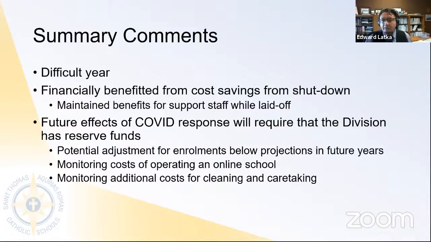The other thing, with regards to a pandemic response, is that we have to continually monitor this year our cost of operating both our online school and of ensuring that our schools are safe environments through our cleaning and caretaking as part of that pandemic response. So COVID is an ongoing process and pandemic that I think everybody appreciates. It's just that when we're looking at some things, it may affect us not only for this year, next year. In terms of our enrollment projections, it'd be up to 3 years.